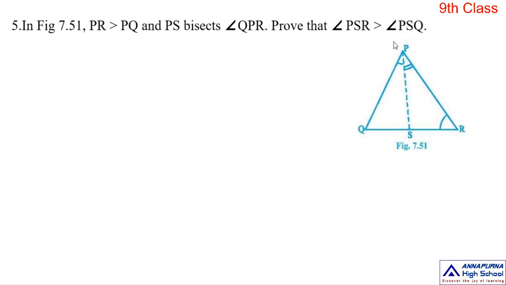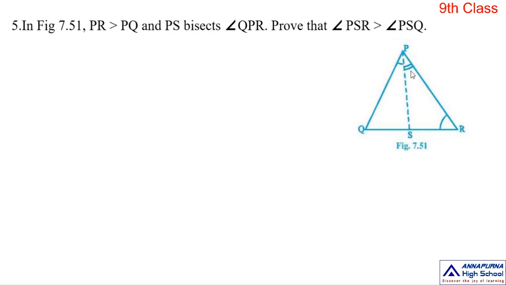Bisect means angle QPS is equal to angle RPS. These two angles are equal, since PS is the bisector.